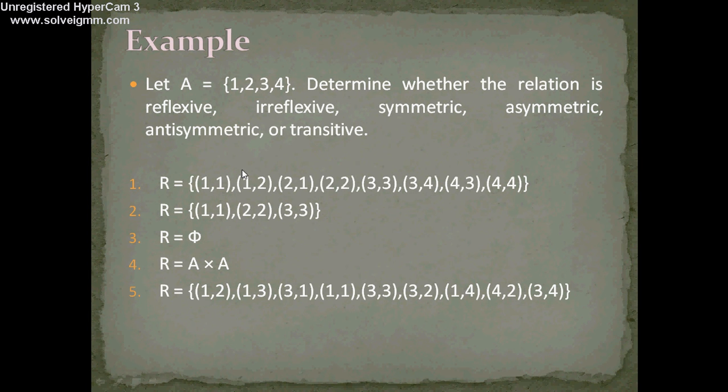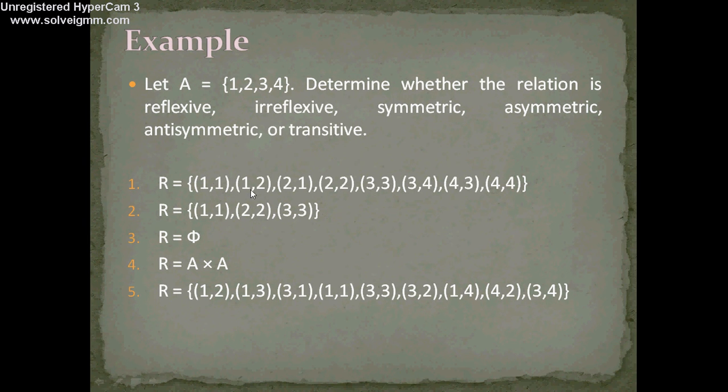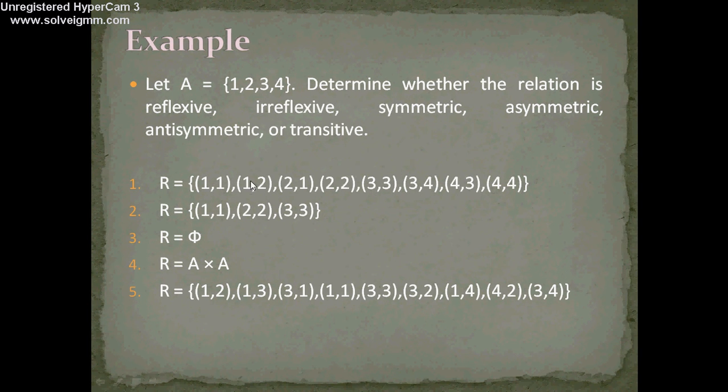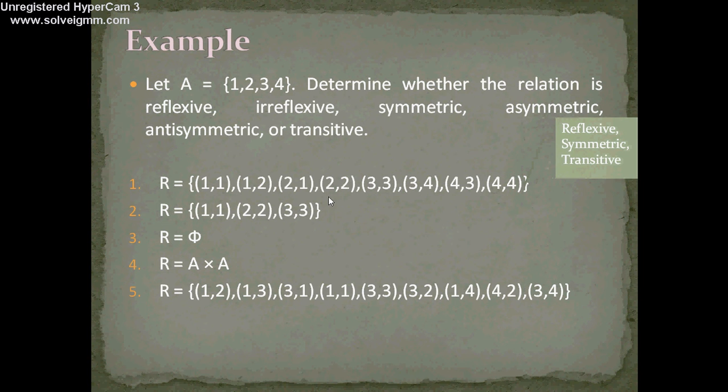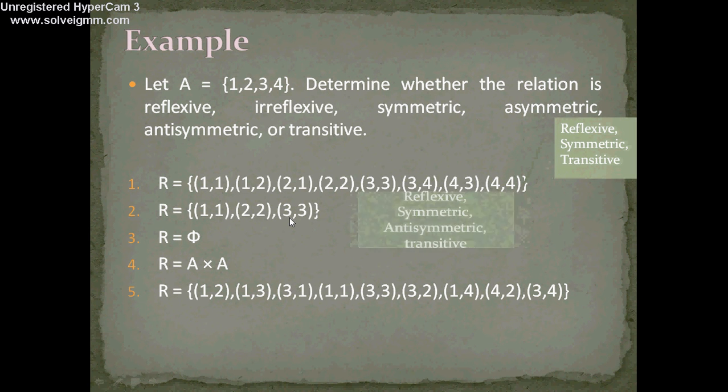Let us check for transitivity. There is (1,1), and there is (1,2) and there is (2,1), so (1,1) should also be present, and (2,2) should also be present, which is there. Then (3,4) and (4,3), so (3,3) should also be present, and (4,4) should also be present, which is there. So it is reflexive, symmetric, and transitive. Similarly, you can see the other examples also.